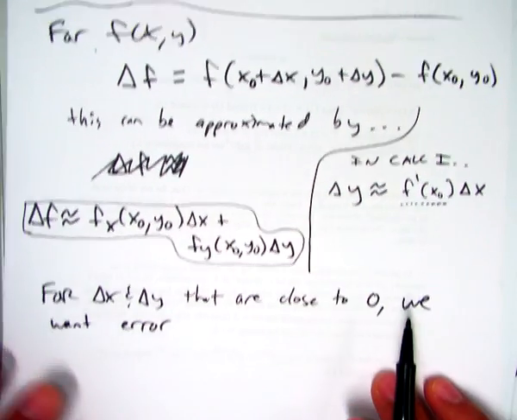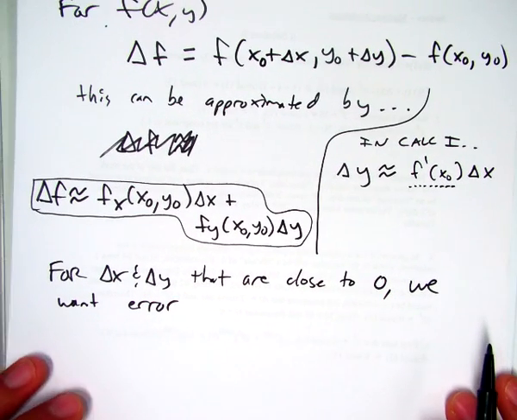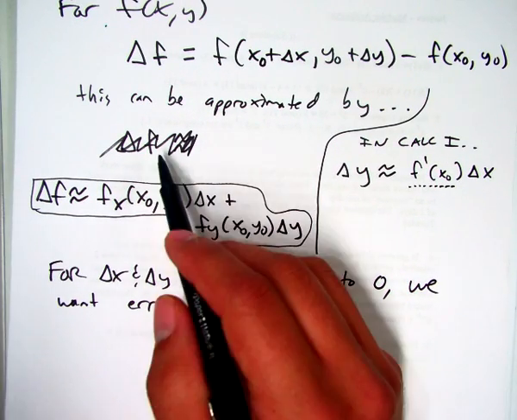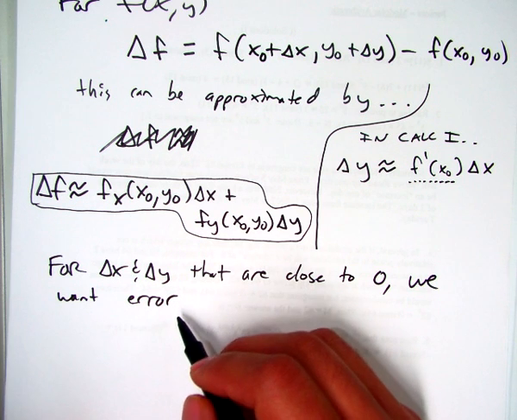We want that error to be smaller than the distance between the original point and the new point. So here's what that looks like algebraically.